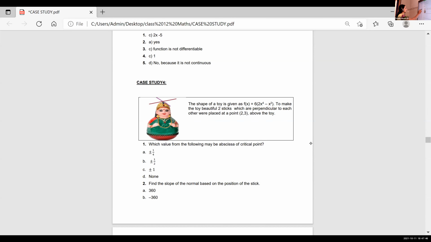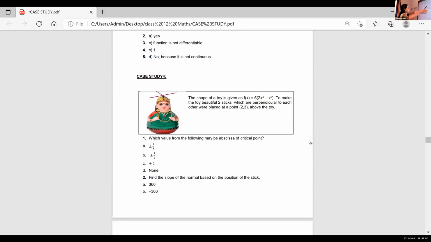Now, the question is, which value from the following may be abscissa of critical points?